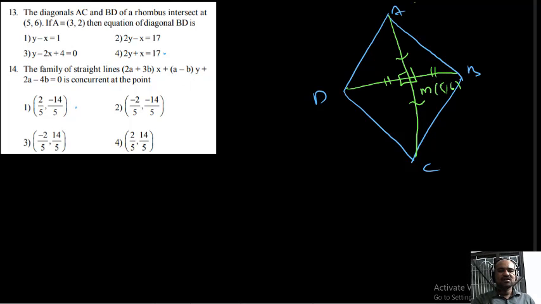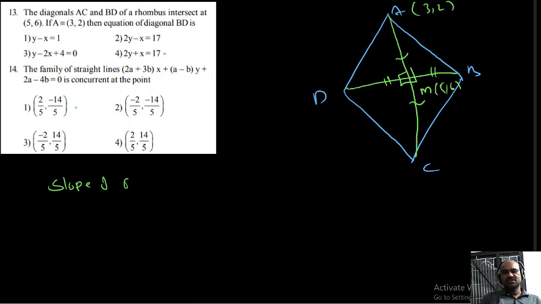A is given as 3, 2. Then the equation of BD is easy only, no? BD is perpendicular to AC only. So a point on BD is already given as 5, 6. We want its slope. Using the slope of AC, you can find the slope of BD. First of all I want the slope of AC.